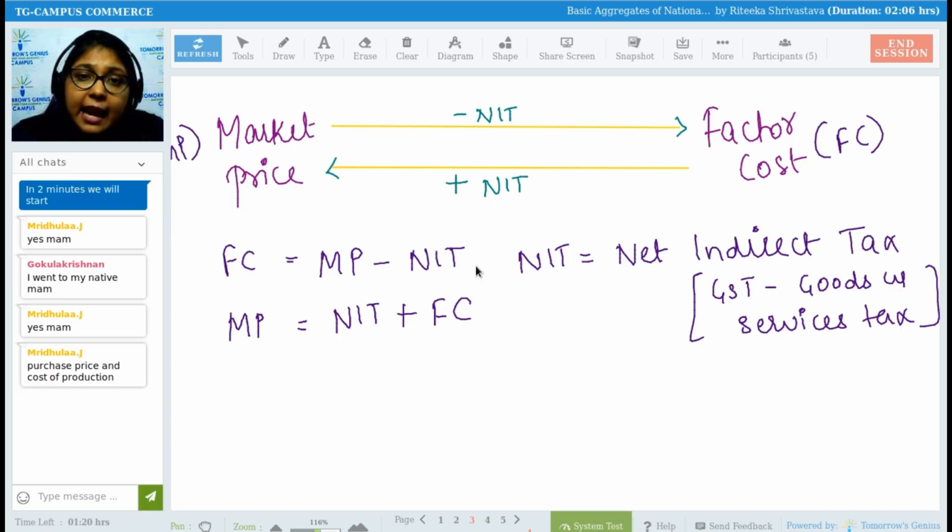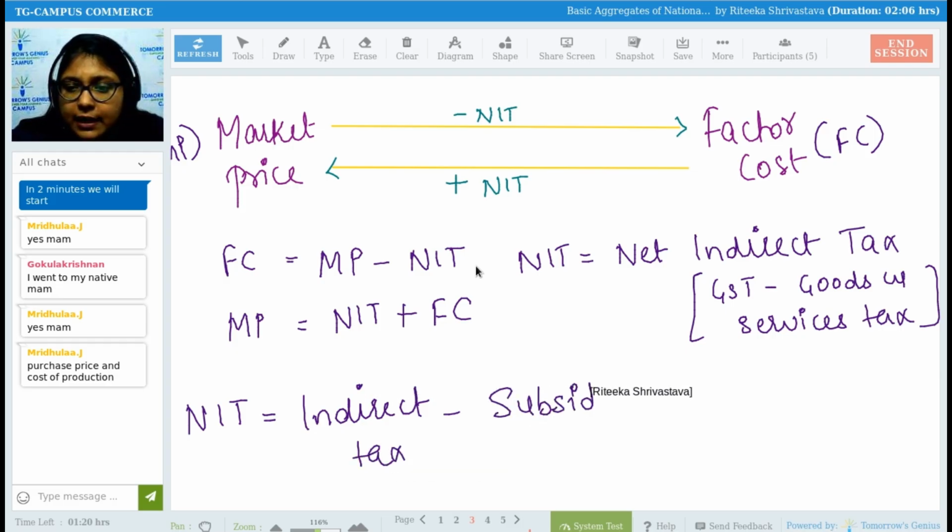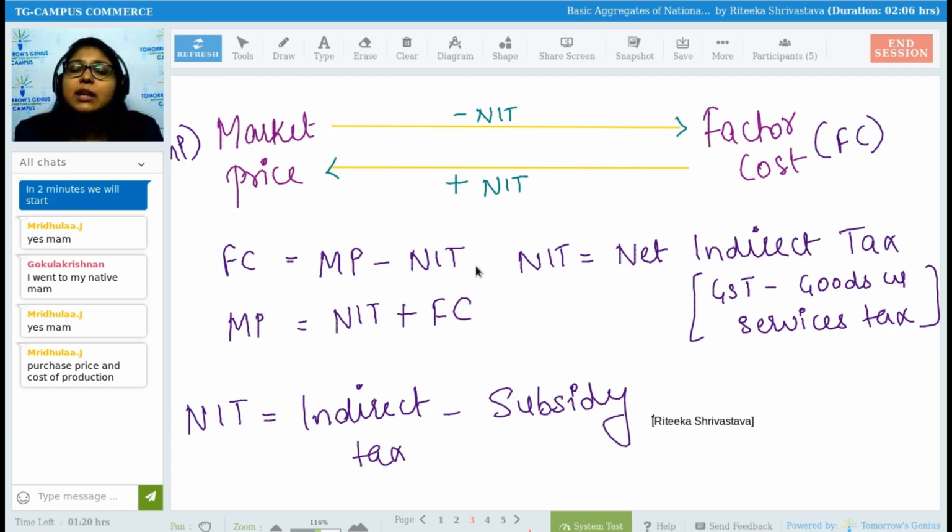Now NIT, at times they will give you directly, at times there is a formula to find out NIT. Formula is indirect tax minus subsidy. What is indirect tax? What is subsidy? We have cleared this in the last class. Indirect tax is a tax which we have to pay on the production of goods and services.